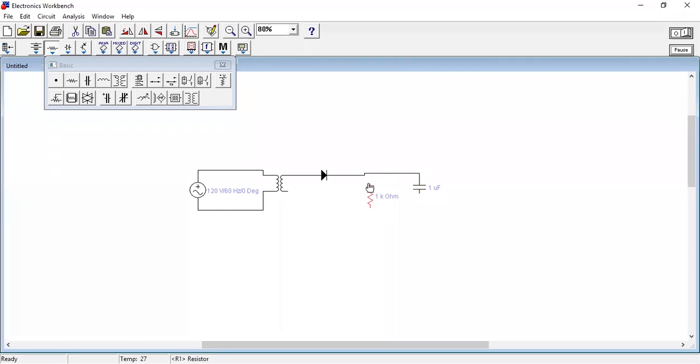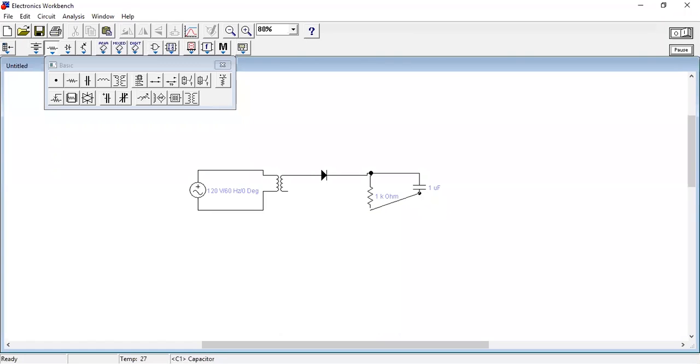And we can connect the transformer, and we want to ground the circuit. So we will take the ground, and then we can connect.